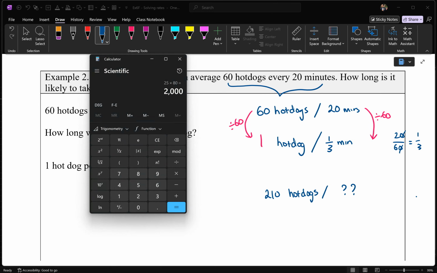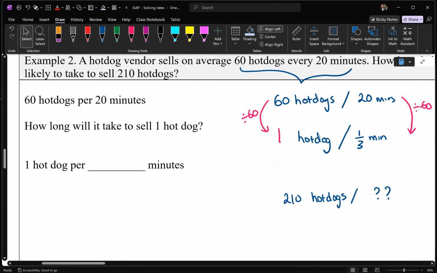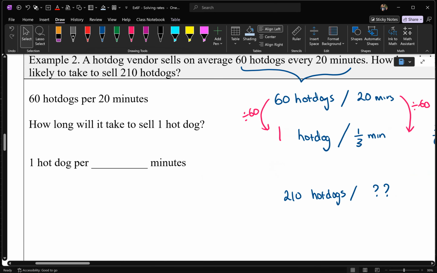Now you can work out 1/3 of a minute. That's just 1/3 times 60. What's that? 1 divided by 3. So it's 0.33 minutes. Or you can times that by 60, and essentially it's 20 seconds. So 1/3 of a minute is 20 seconds. So every 20 seconds, you are selling one hot dog.